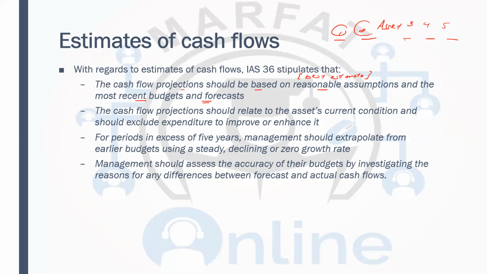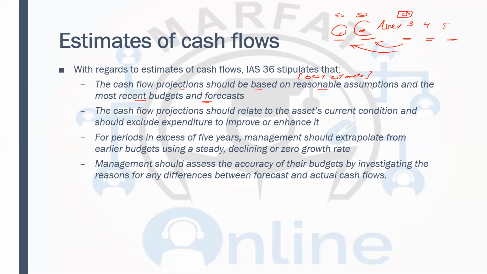Now, when we are considering how much we will be earning by using this asset in years 3, 4, and 5, we should see how much we have earned in the recent past. Because, for example, if you have earned, let's assume 50 in year 1, and for example, 52 in year 2, you cannot take directly 80 over here. This is going to be unreasonable. You have to justify why you are having an immediate jump from 52 to 80.